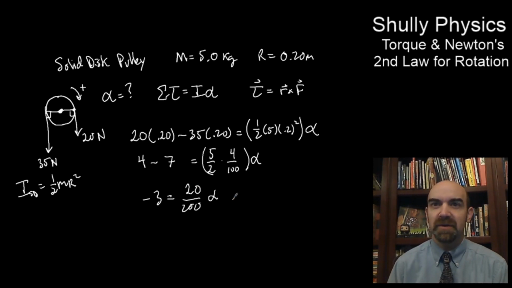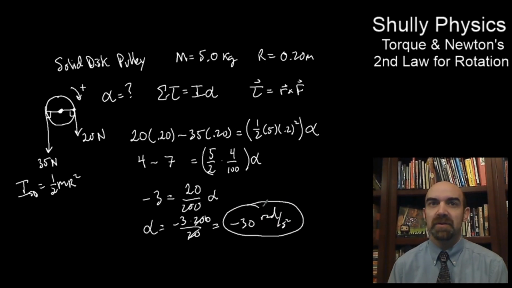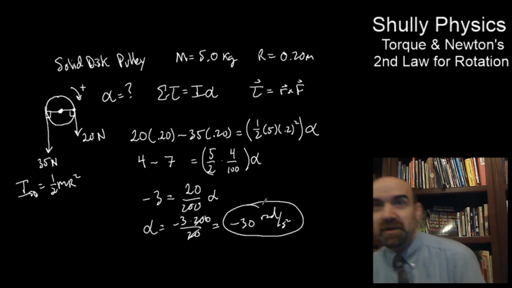So our alpha would be -3 times 200 over 20. So we get a -30. How do you like that math? Radians per second squared. Kind of a quick spin there, right?